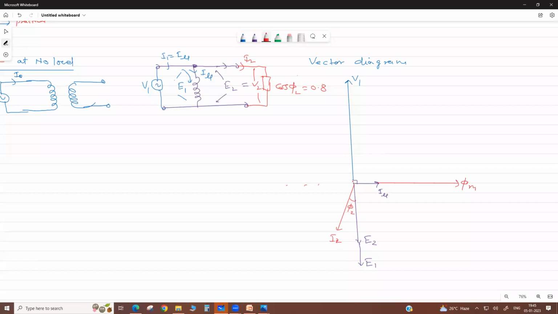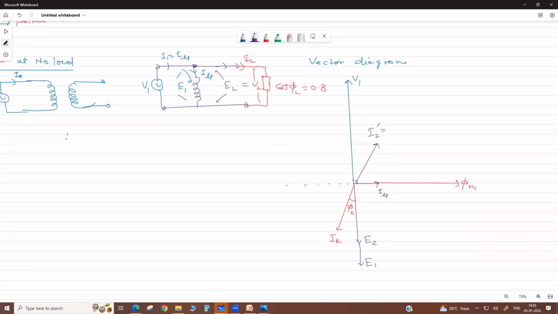See, below this line it is the secondary side, and above this line it is the primary side. So when we transfer this current to the primary side, it is here. This is I2 dash.